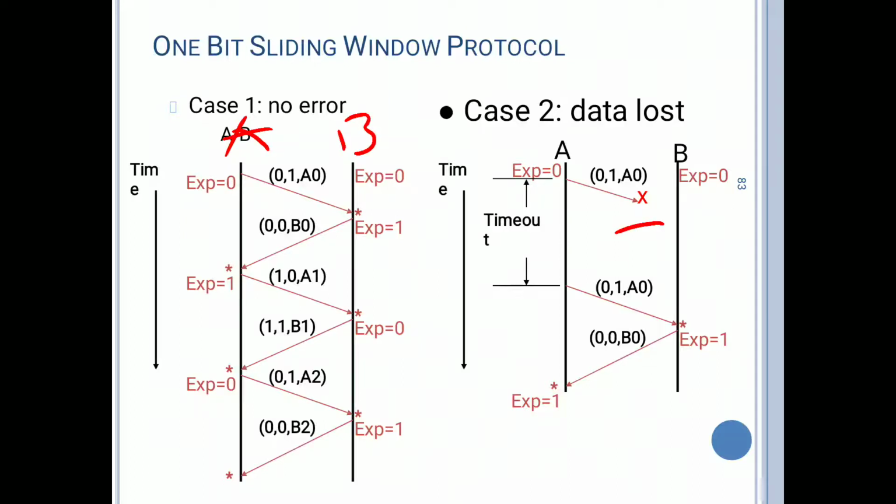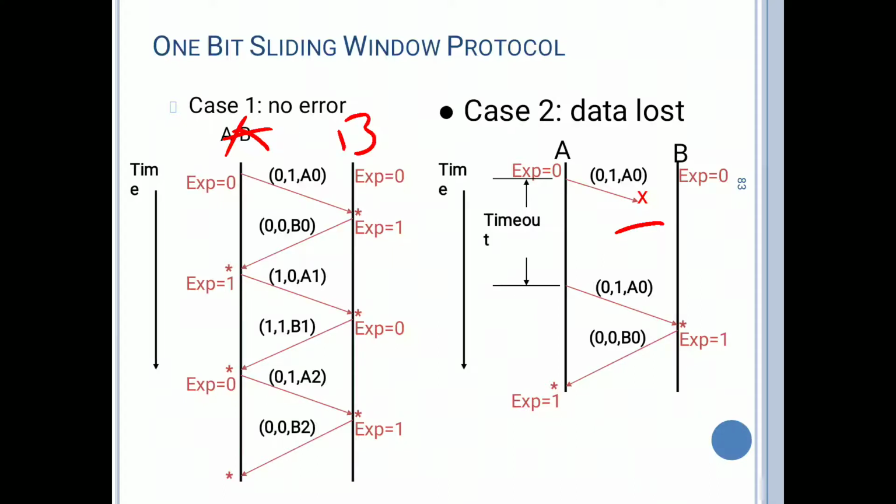Data lost means B is waiting for the data for an infinite amount of time and A is waiting for the acknowledgement. So here the timer times out. Because A is not receiving any acknowledgement from B, it will understand that the data may be lost in the middle. What is the remedy for this?